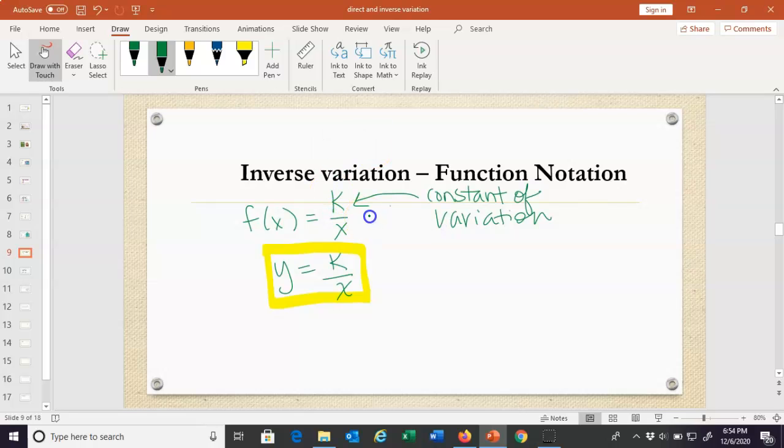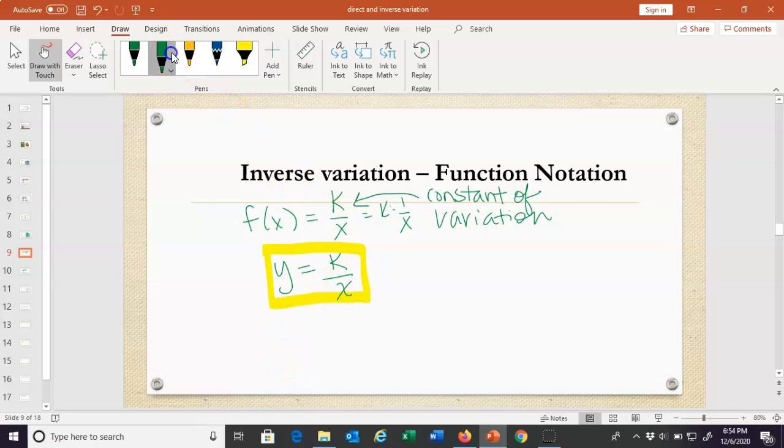I mean, you could think of this written as k times 1 over x, right? It's the same thing. We kind of pull that k to the front as the coefficient. So that k is the m value, the slope value, essentially. It's a little more challenging to see in this type of graph, in the curved graph, but it essentially means the same thing. It's how the graph is varying.